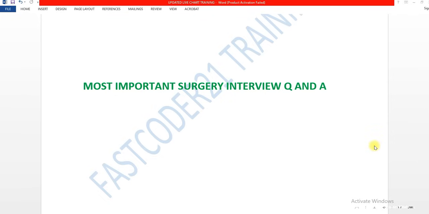What are the cardiac catheterization steps? What is cardiac catheterization first? A catheter will be inserted. Yeah. So basically, cardiac catheterization is the process of examining the coronary arteries.